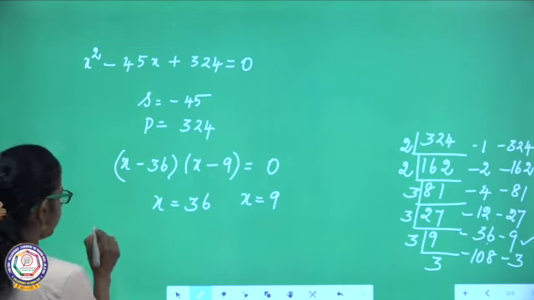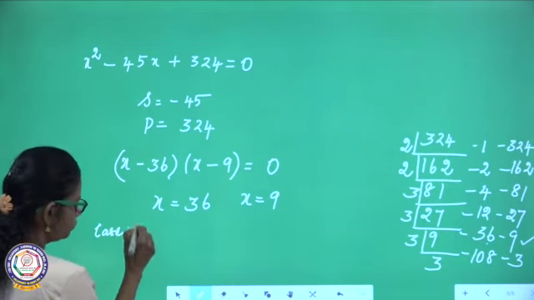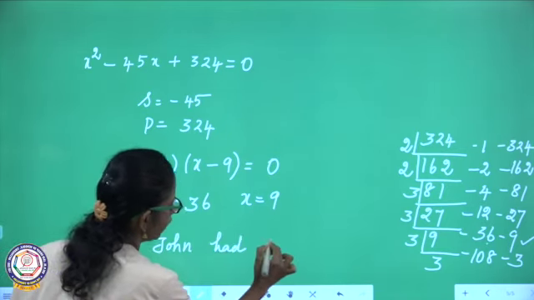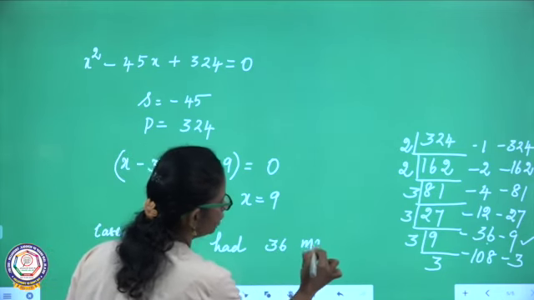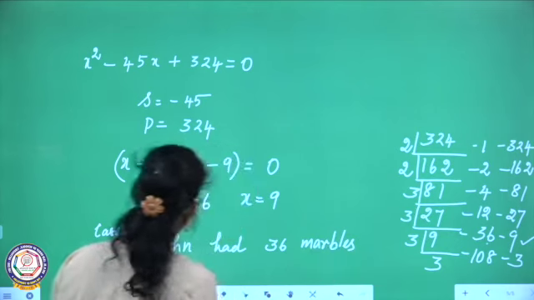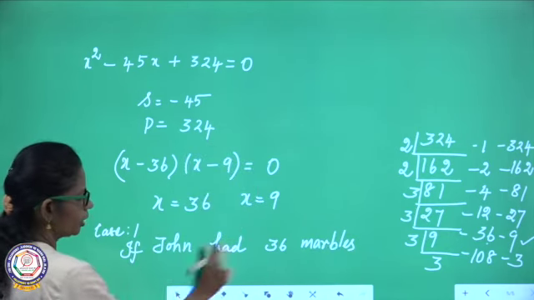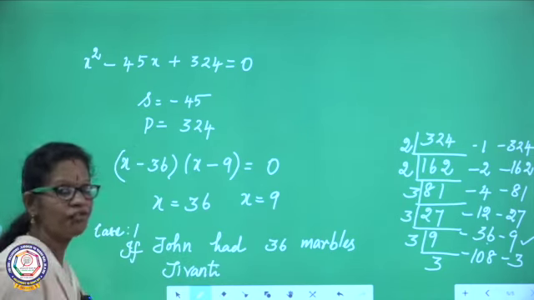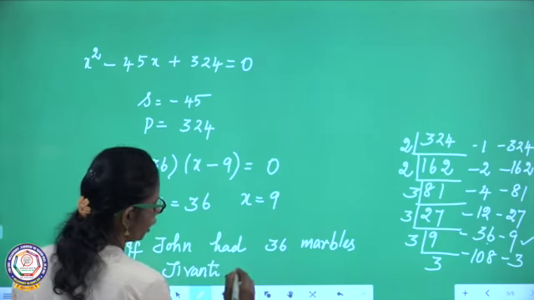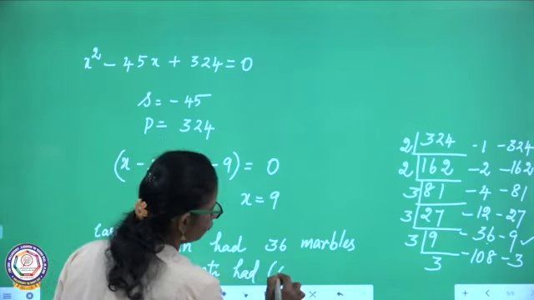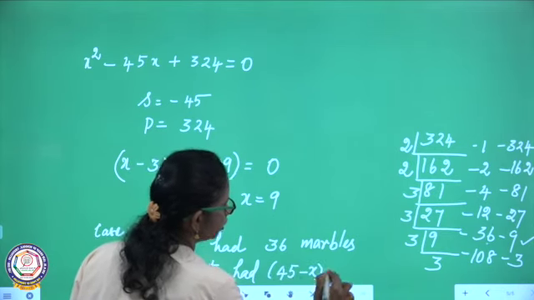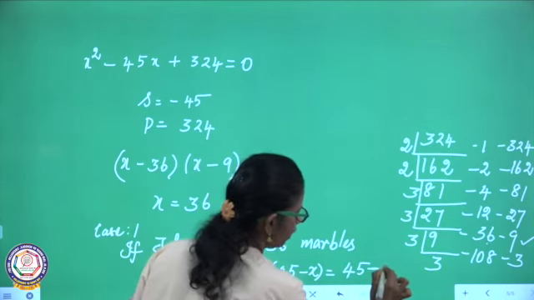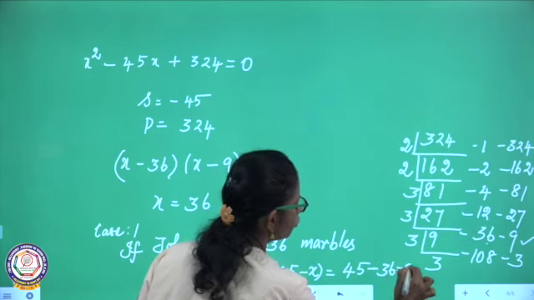Now two cases you will get. Case 1: if John had 36 marbles, then Jivanti, whom we consider as 45 minus x, had 45 minus 36 equal to 9.